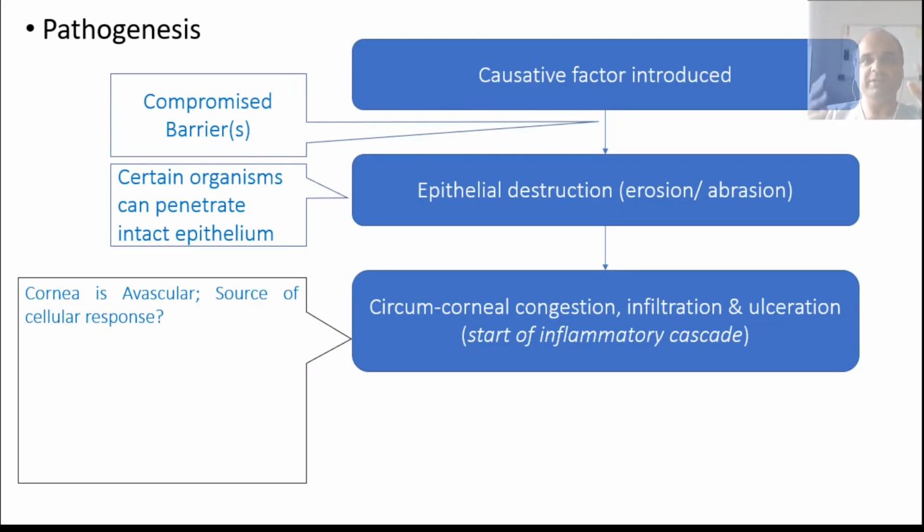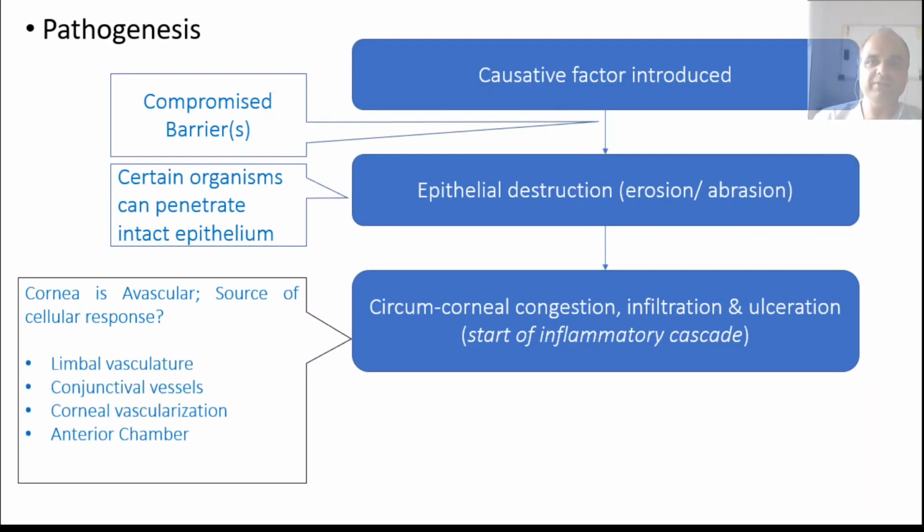The anterior chamber is the space between the cornea and the iris. So the iris has a lot of vasculature in it. We'll talk about iris vasculature when we talk about uveitis. But all of these sources can provide immune help or assistance to the cornea.